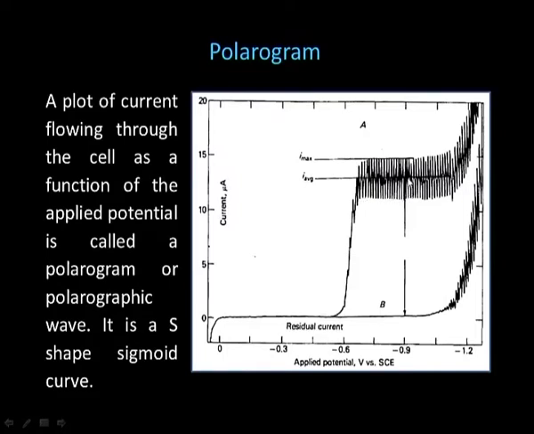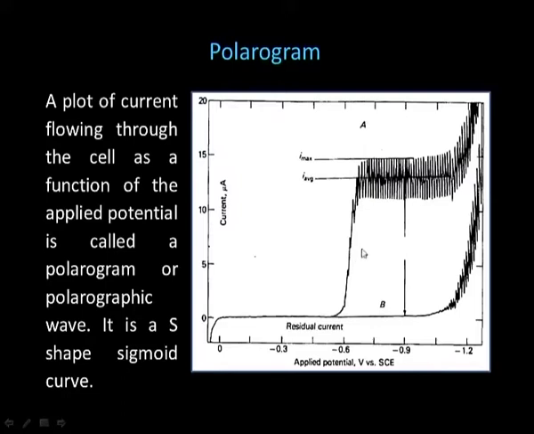First is the current, which you can see here is monitored as an average of this current and the background current, which is B. If we get the distance of these two, we get the corresponding current. Whereas, if we divide this current into two equal halves and draw a third line parallel to the baseline and the top line, the point at which it cuts the curve is known as the half wave potential, commonly represented as E half.